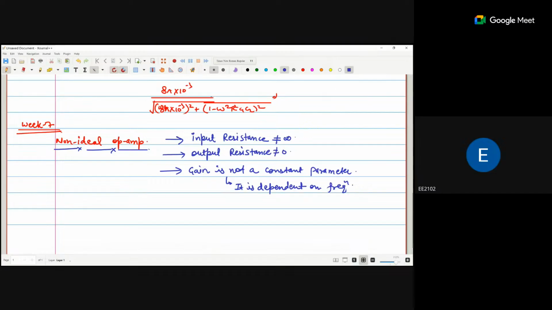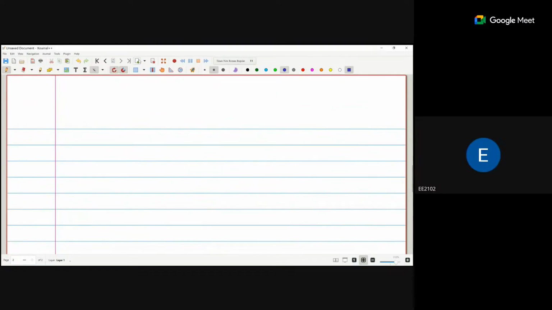Now if we compare the ideal op-amp and the non-ideal op-amp, we know that R equal to infinity is not achievable.